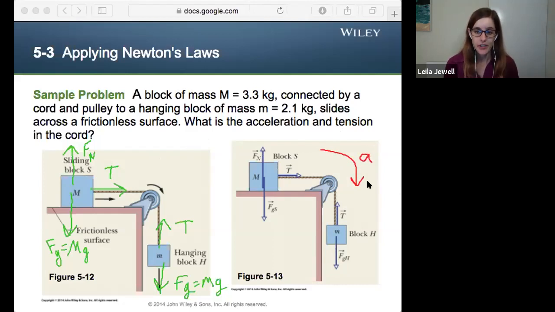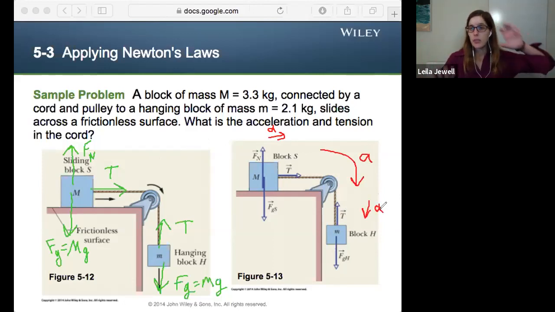And so I like to fill that in as well. And you could draw it next to each of them. There's an acceleration to the right for the sliding one, and acceleration down for the hanging one. And because the objects are moving together, it's going to be the same acceleration, a.